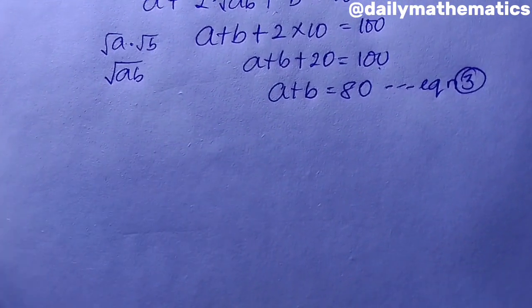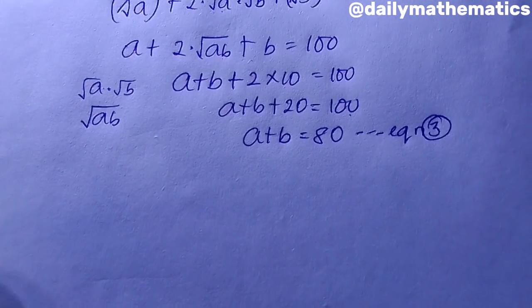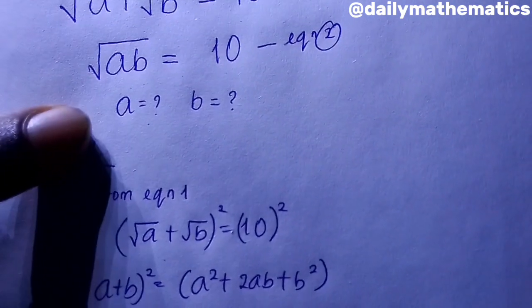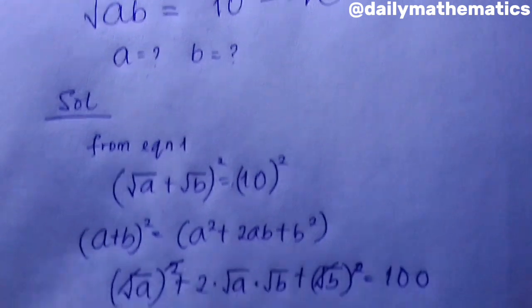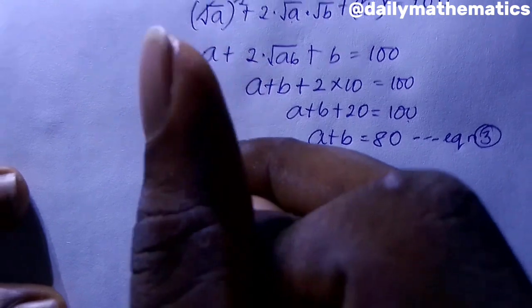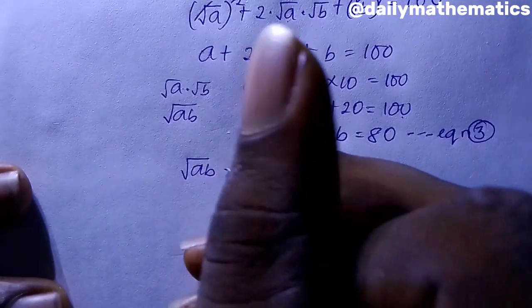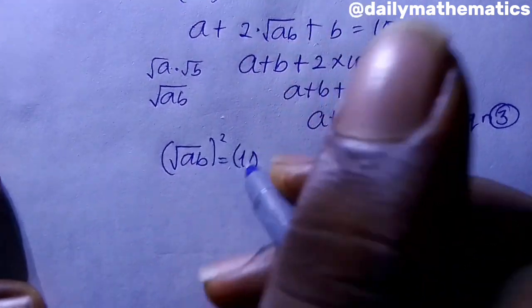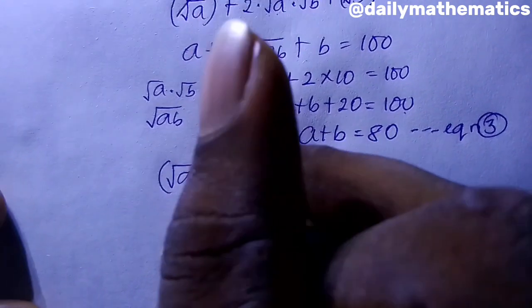So the next thing, from equation 2, root ab equals 10. We are also going to square both sides. So square cancels square root.